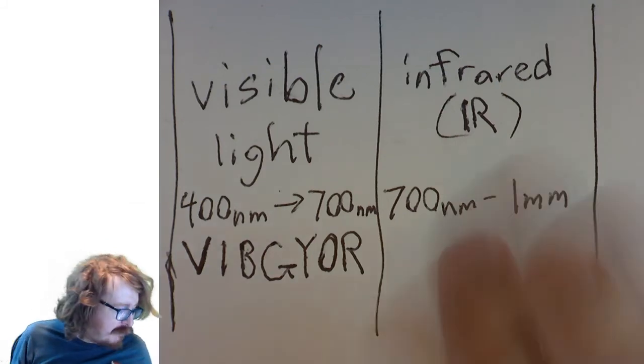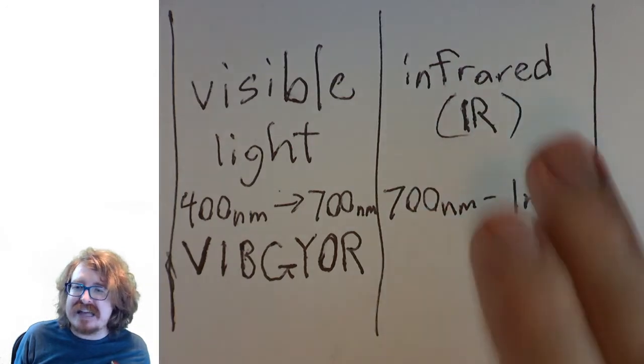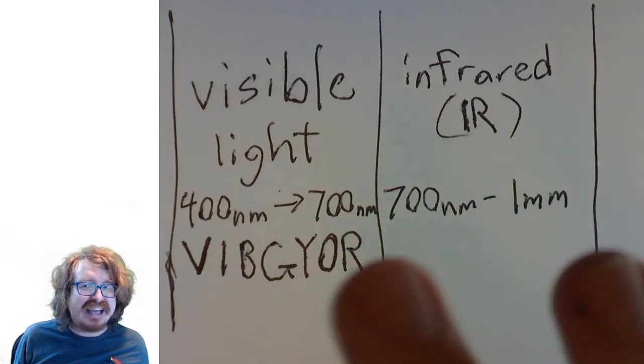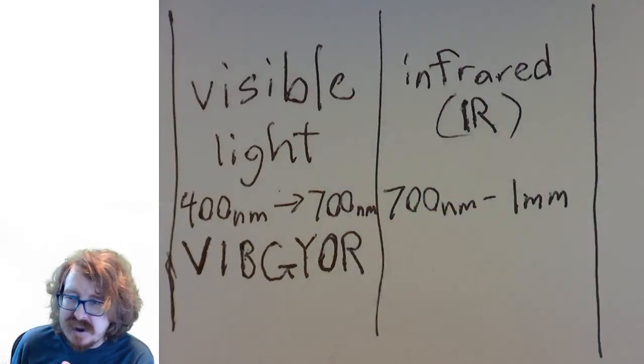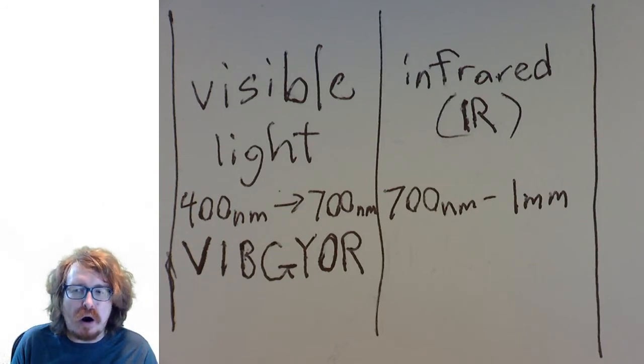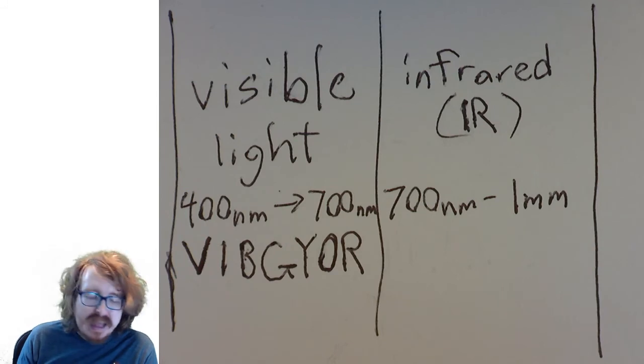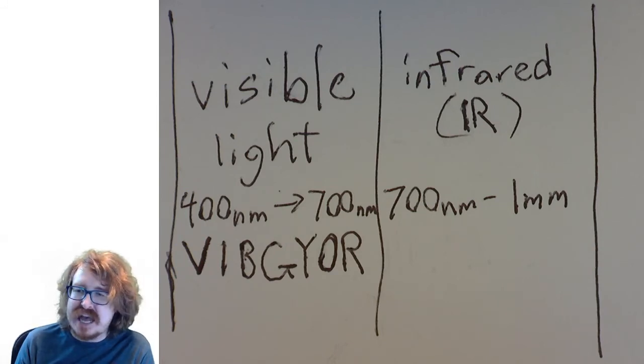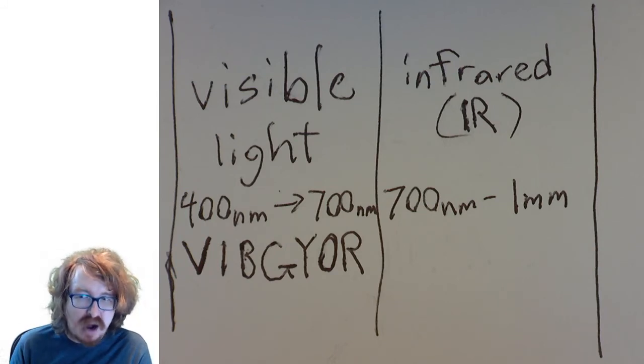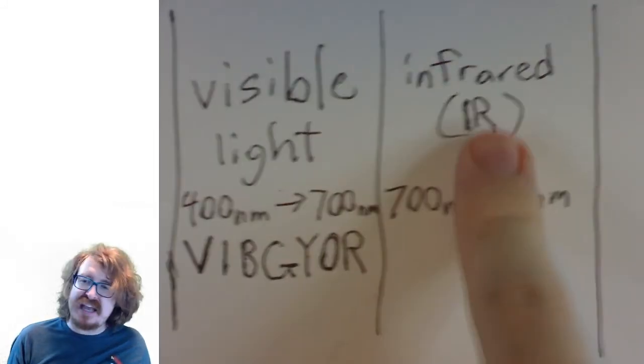So infrared is not itself heat, but things that are hot give off light, okay? And one of the types of light that hot things can give off is infrared.